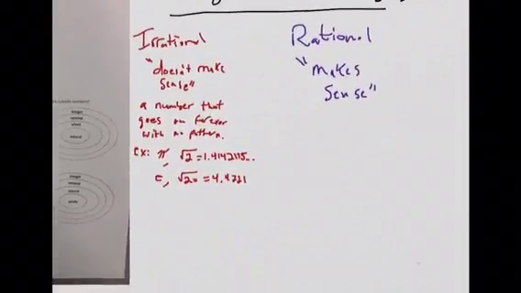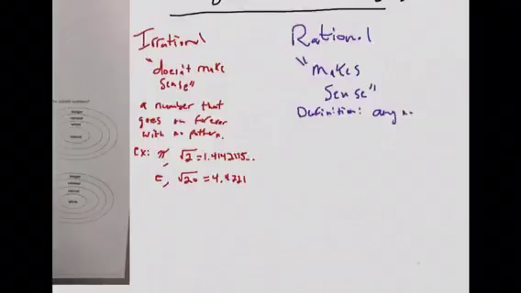Now, rational numbers, they're numbers that make sense. The definition is any number that can be expressed, which just means written, as a fraction.